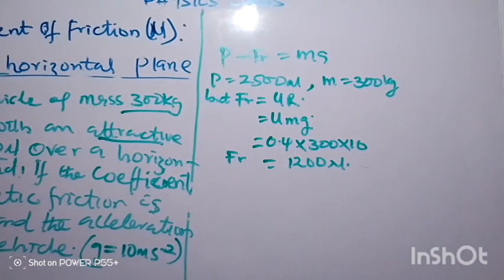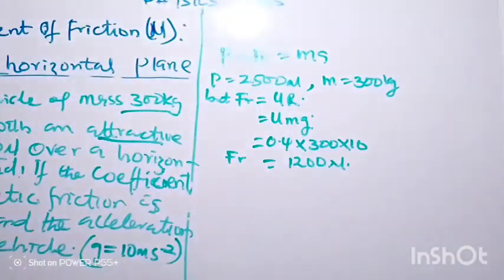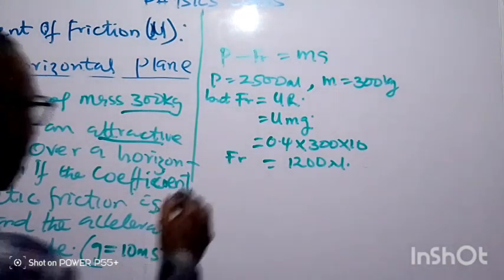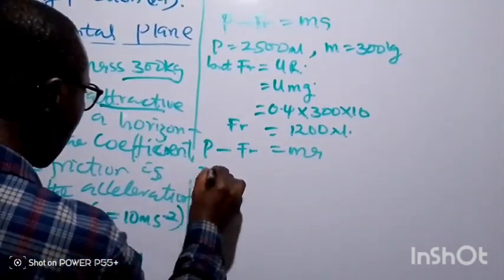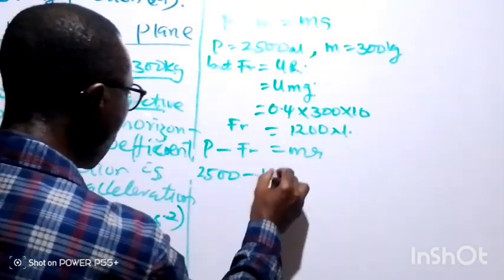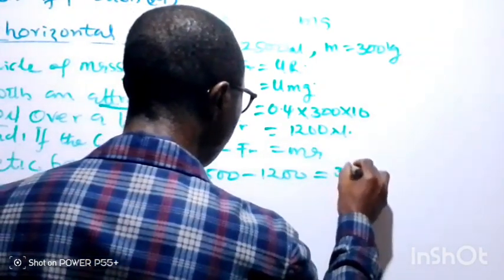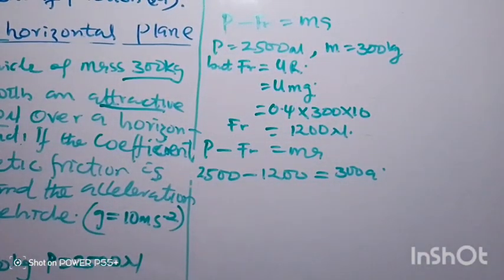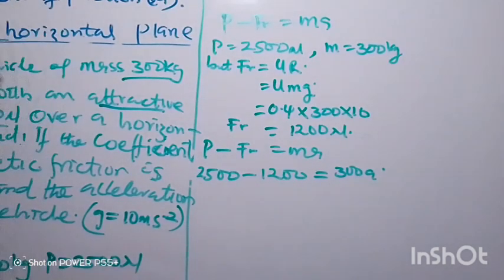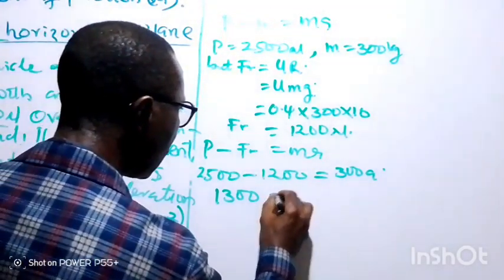Now, from the first equation on the board, P minus Fr is equal to ma. That will be 2,500 minus 1,200 is equal to 300a. 2,500 minus 1,200 will be 1,300, equal to 300a.